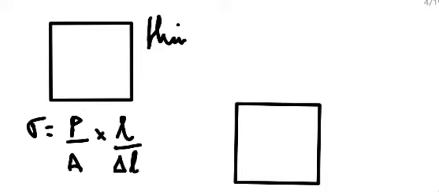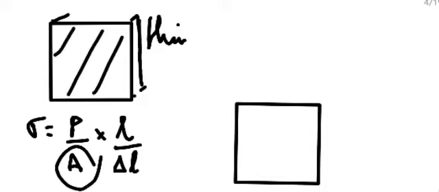So suppose the length is this dimension, which is too small in the considered case, but the lateral dimension, this cross-sectional area, is too large compared to this length.